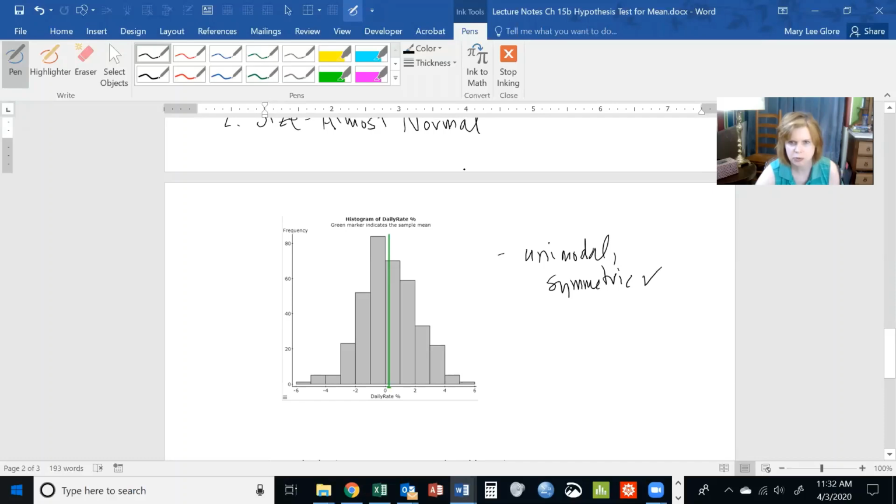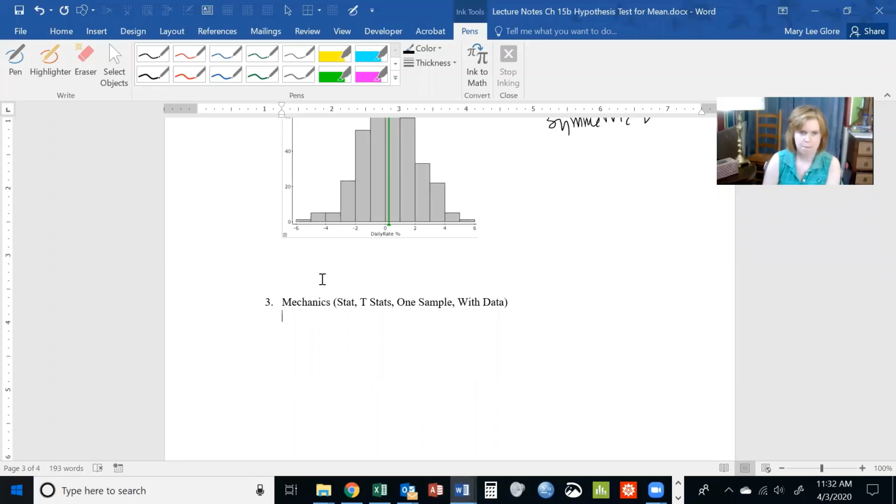Now we need to compute my test statistic and p-value. The test statistic is going to be a t: y bar minus mu0 over s over the square root of n.